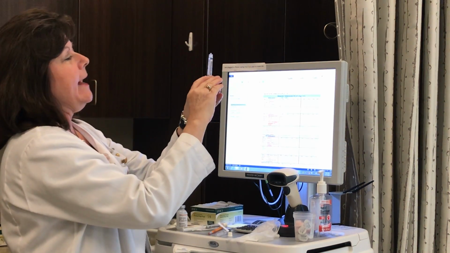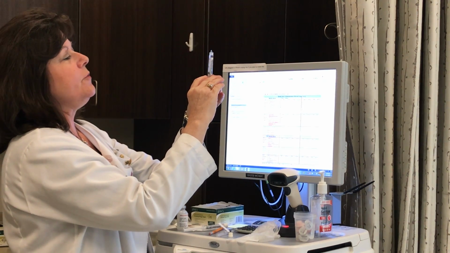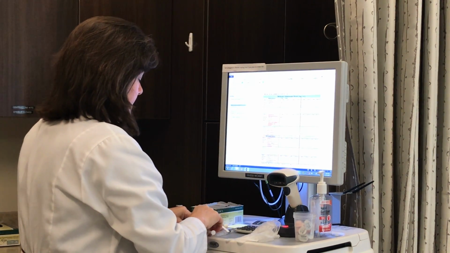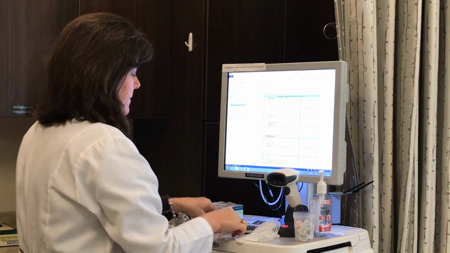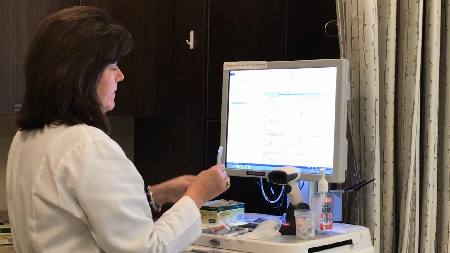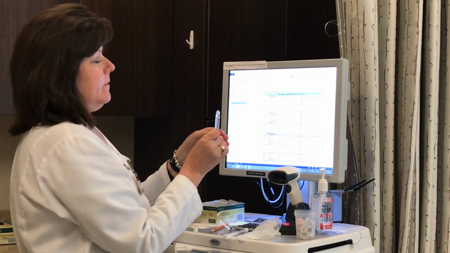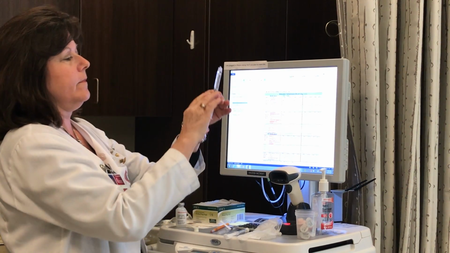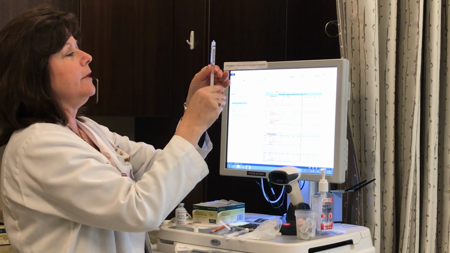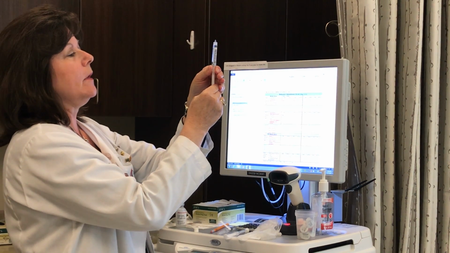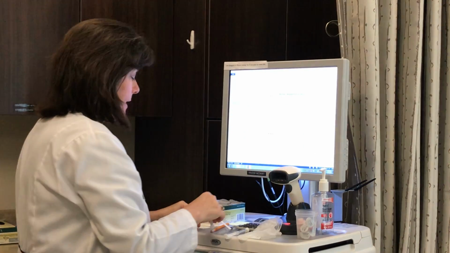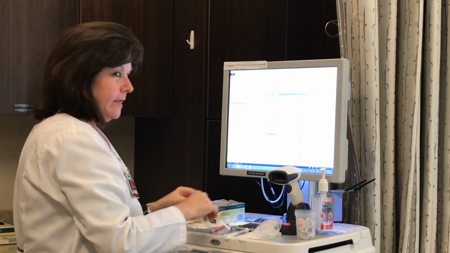Get the air to the top and then adjust it to the 2.5 mLs. Got the air bubble to the top. I'm going to adjust the fluid to the 2.5 and rid the air bubble.